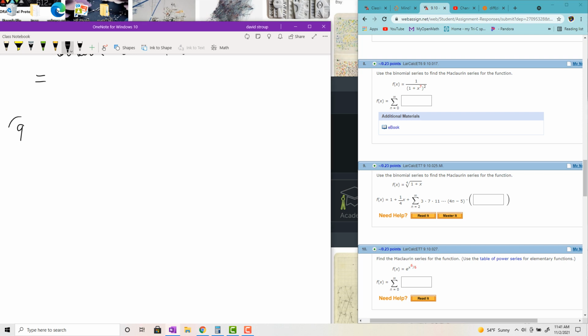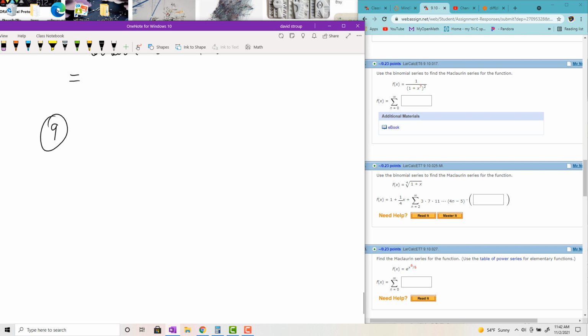So number 9. We have f of x equals the 4th root of 1 plus x, and well, they're not so evil.